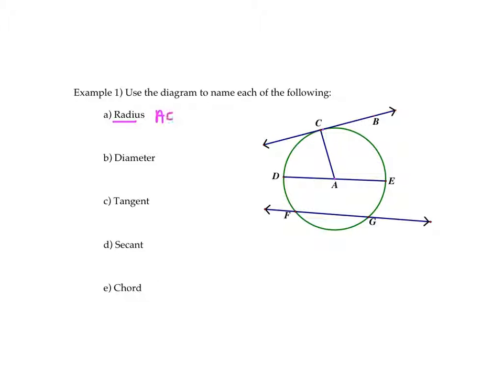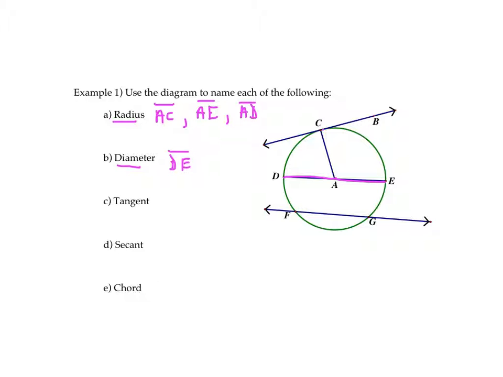So AC, line segment AC is a radius, line segment AE is a radius, and line segment AD is also a radius. Okay, for a diameter, recall that that's a chord that has to go through the center of the circle. We only have one possible answer here, and that is line segment DE.